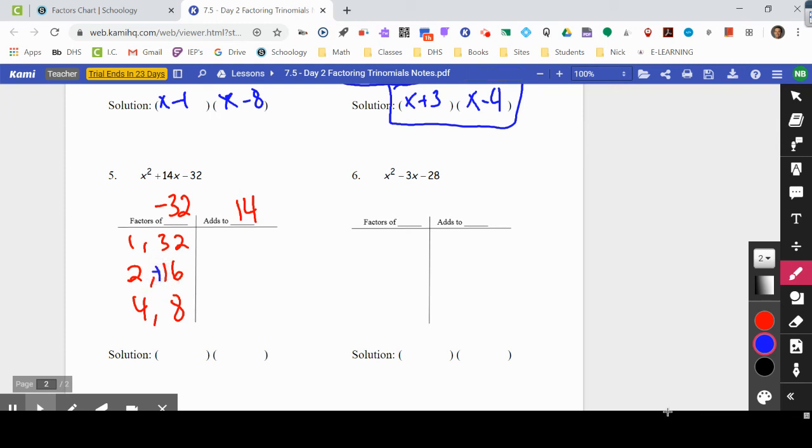That means my bigger number is going to have to be the positive, and my smaller number is going to be the negative, right? Because a negative 2 plus 16 is a positive 14. And that is what I want to get to because of this positive 14x. All right, so that means my solution is x minus 2 times x plus 16.